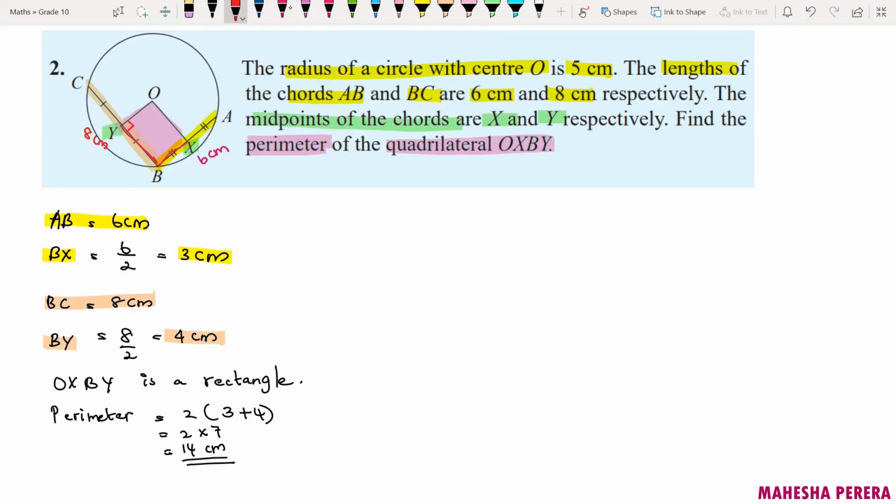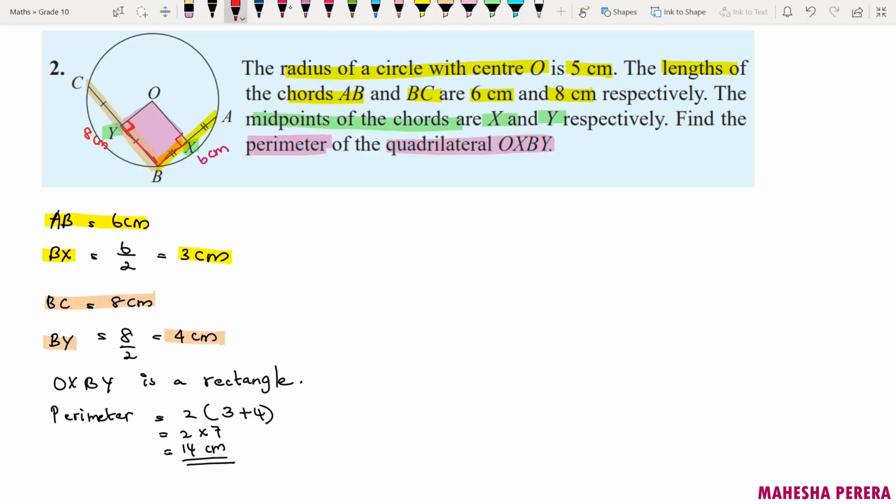Why? Because of our theorem: a straight line joining the midpoint of a chord and the center of the circle is perpendicular to the chord. So definitely this should be a 90 degree angle. And also this angle should be 90 degrees.